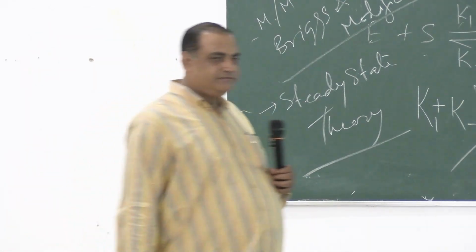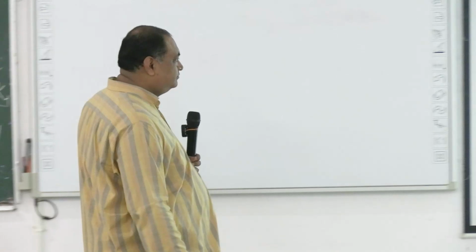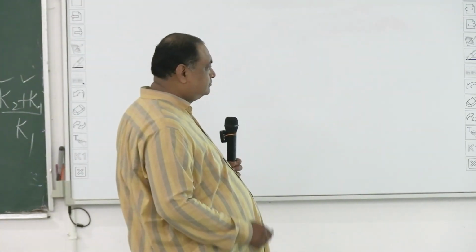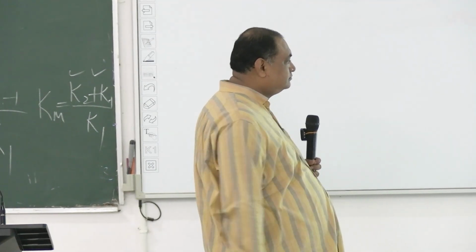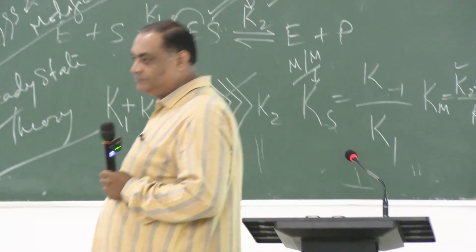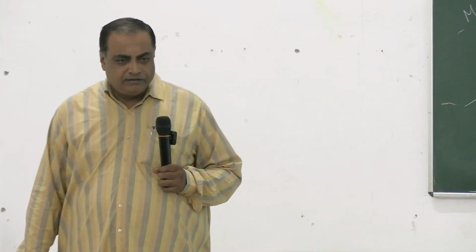So Km is unchanged in non-competitive inhibition. Since it does not interfere with the binding of substrate, there is nothing to change in Km. The only thing that will change is the velocity of the reaction.